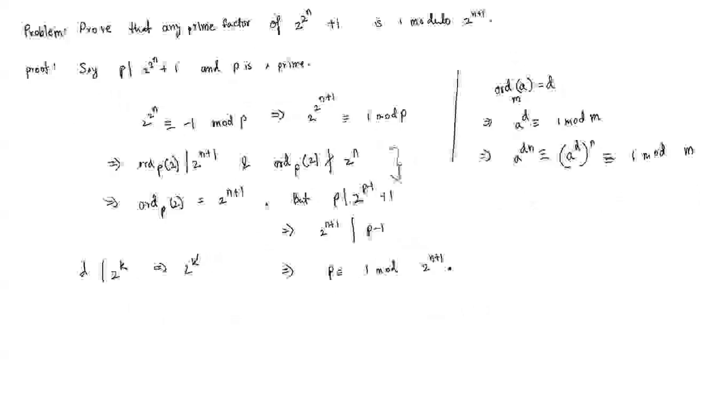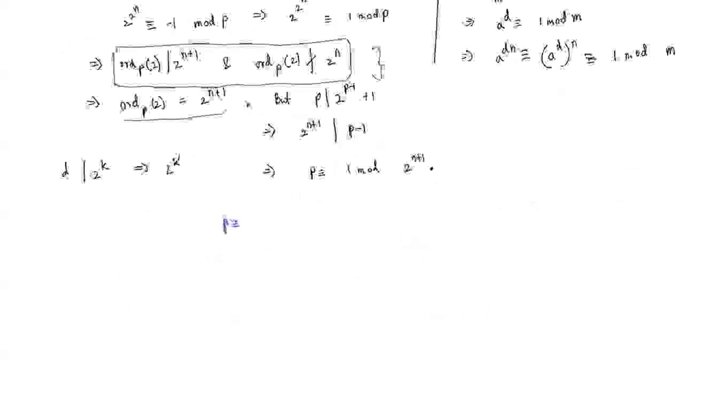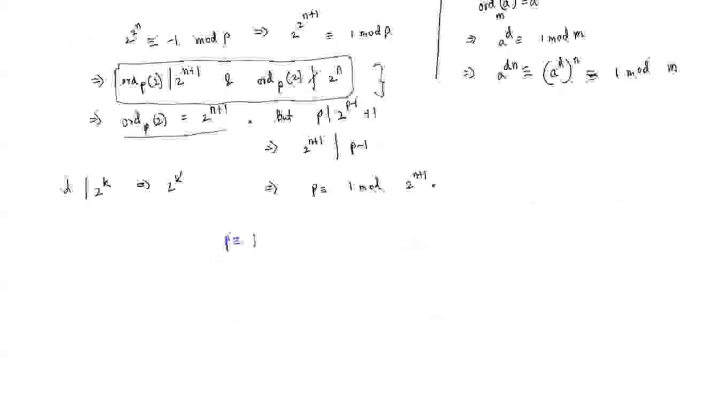So when I used the order, I got this whole thing, but I still need to show that p is congruent to 1 mod 2 to the power n plus 1. If I backtrack, I need to show that 2 to the power n plus 1 divides p minus 1.